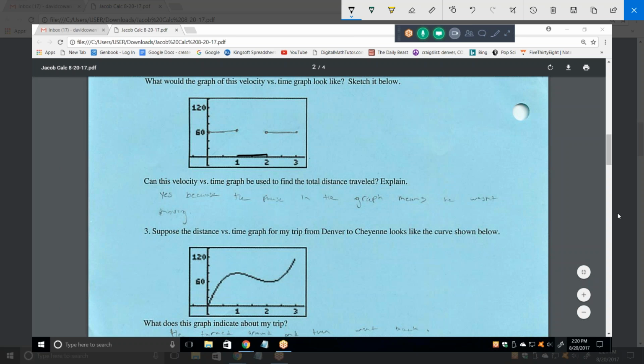In other words, between hour 0 and 1, you went 60 miles an hour. But between hour 1 and 2, you went 0. You can't just leave that out. You went 0. So this line needs to be there on the x-axis. And then between hours 2 and 3, you went 60 miles an hour again.